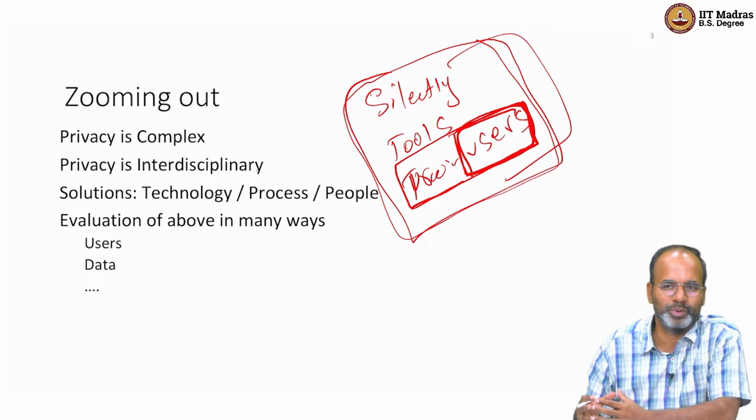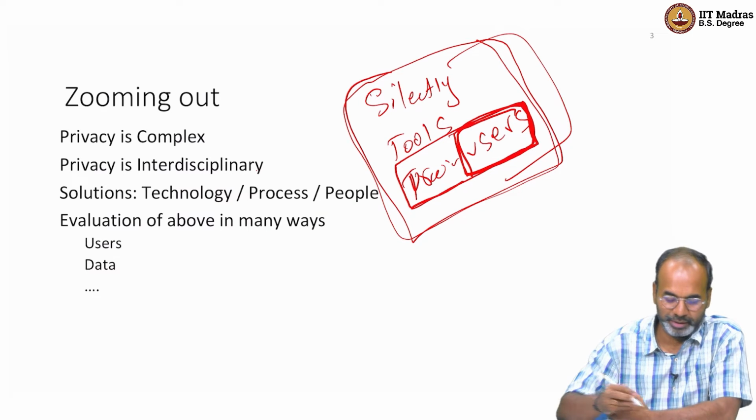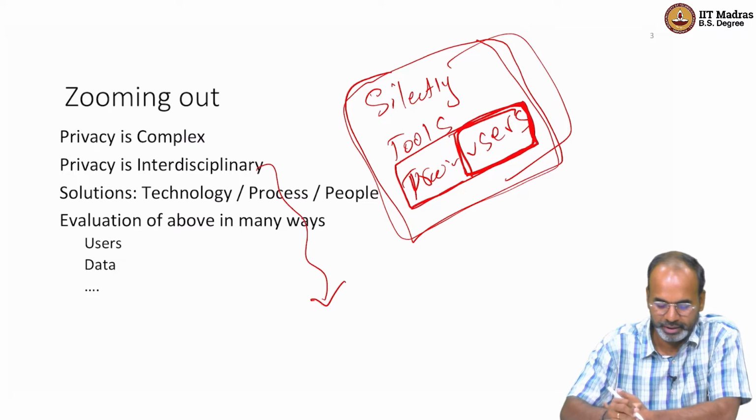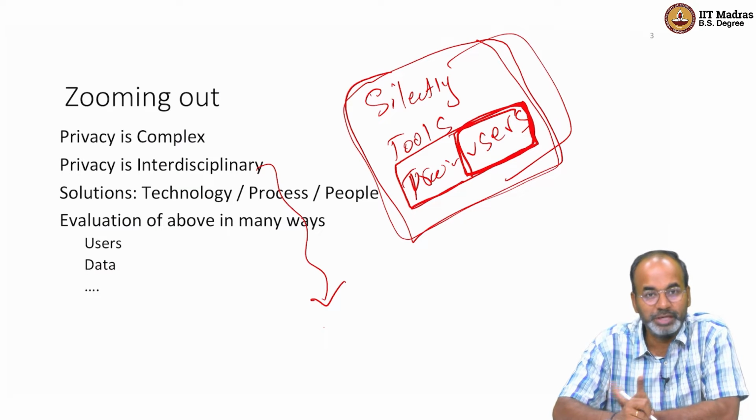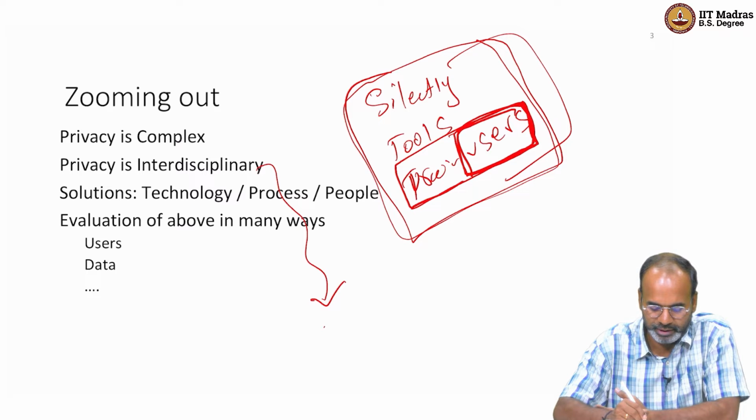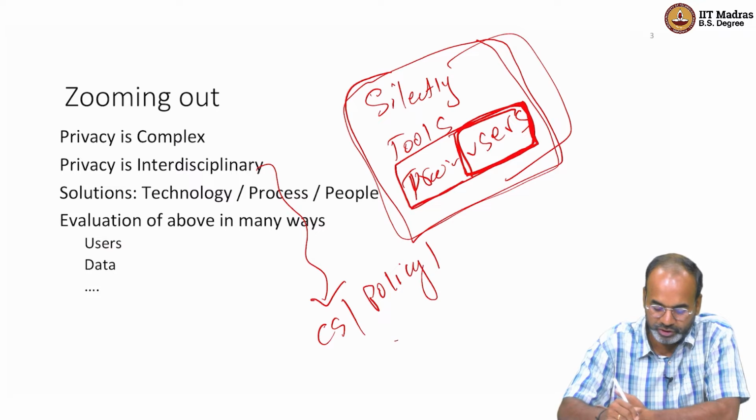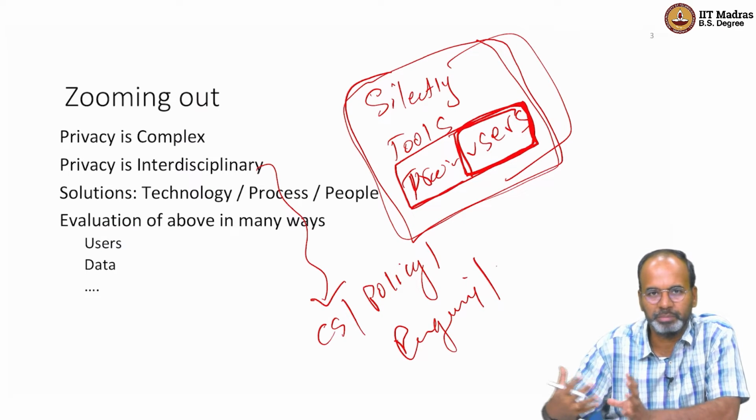If you were to only operationalize the different ways that we think of privacy, it will be very, very complex. It's also interdisciplinary. One of the things that makes me particularly excited about this topic is that it is CS, policy, engineering, all of these coming together.